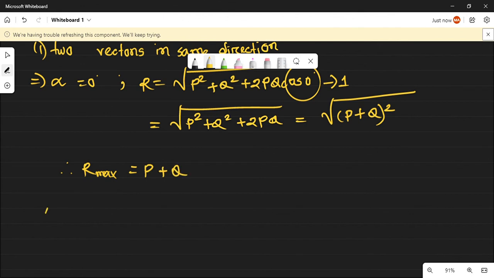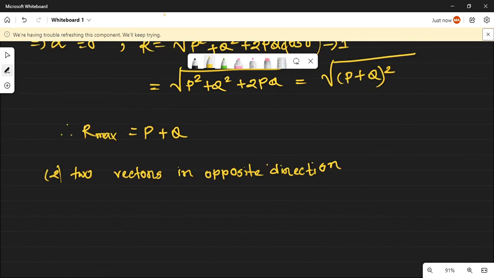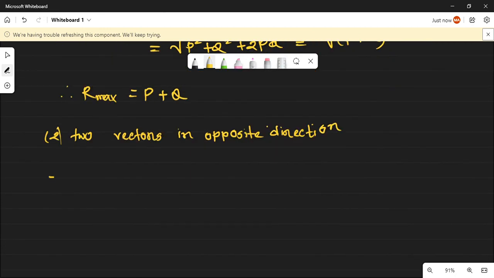Case 2 is two vectors in opposite direction. Opposite direction means the angle between them is alpha equal to 180 degrees.